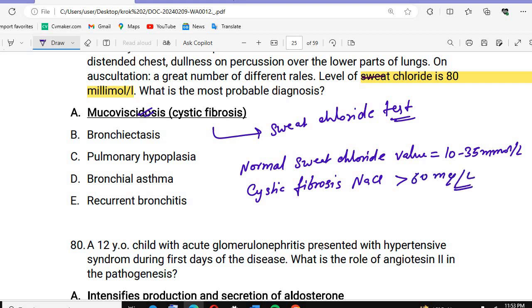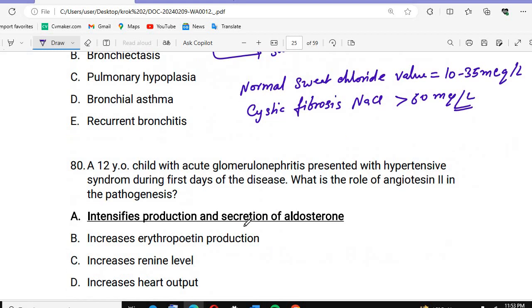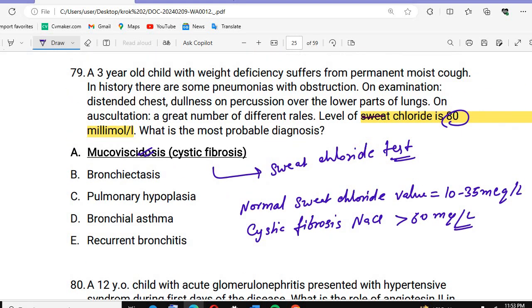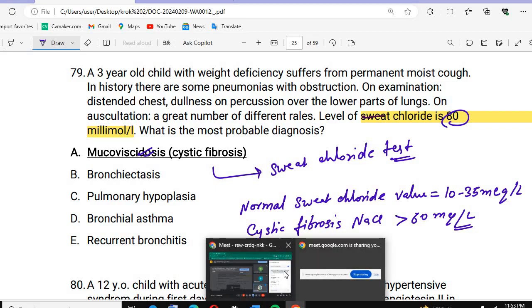It is milliequivalent per liter. So here we can see it is 80, which suggests the diagnosis of mucoviscidosis, or cystic fibrosis. We already discussed this topic.